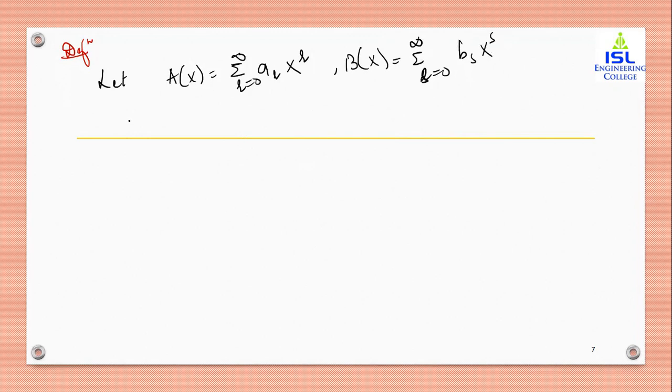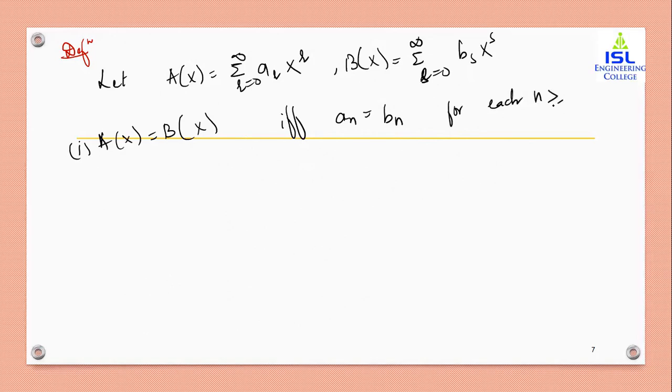So these are the two formal power series. Then we can define a of x is equal to b of x, first thing, if our term an is equal to bn for each n greater than or equal to 0. That is, our two series will be equal if each term is equal to the corresponding term of the other sequence.